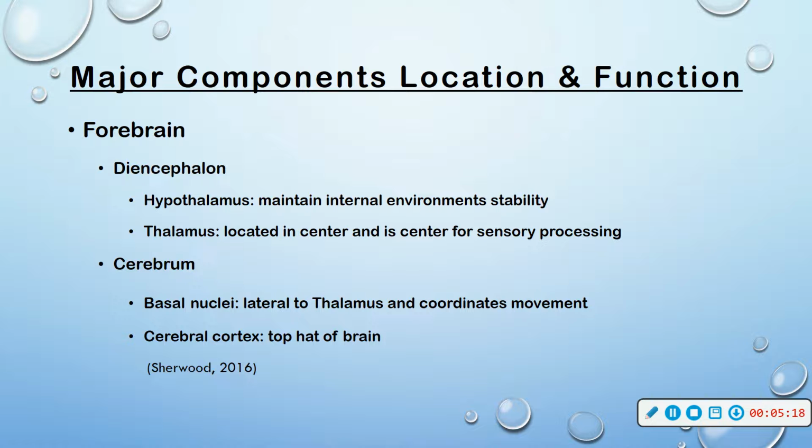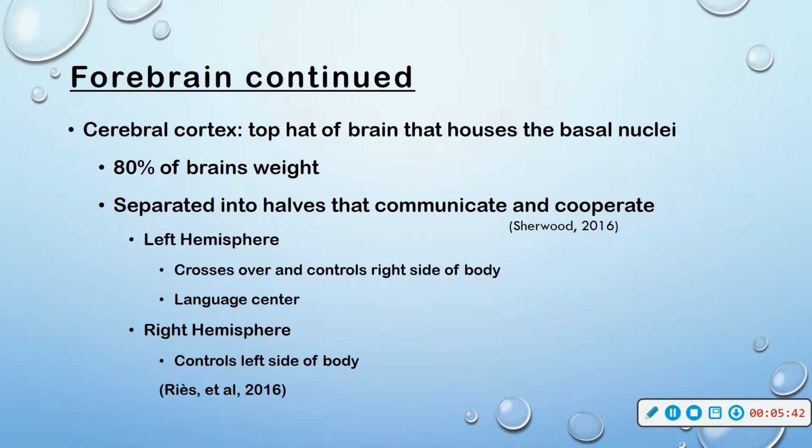Now, the basal nuclei, or the basal ganglia as it is also called, is where our fine-tuned motor skills come in. It helps coordinate those slow and sustained movements that we make. And then the cerebral cortex, we're going to go into more detail on.